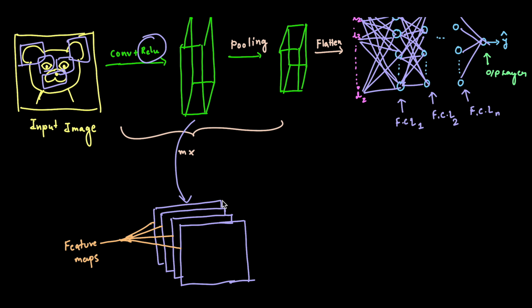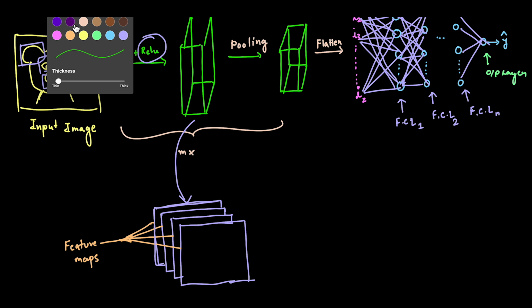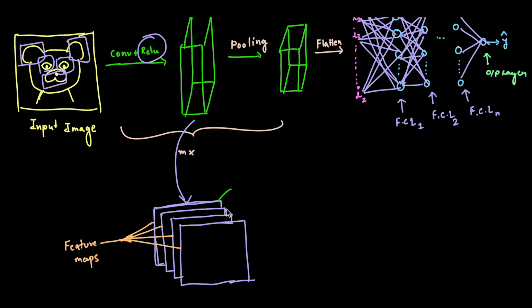For each of these features, there will be one rectangular box that is called a feature map. Okay. So here, if you observe, there are several rectangular boxes, right? Each of these boxes is called a feature map, and each feature map corresponds to one specific feature in the input image.